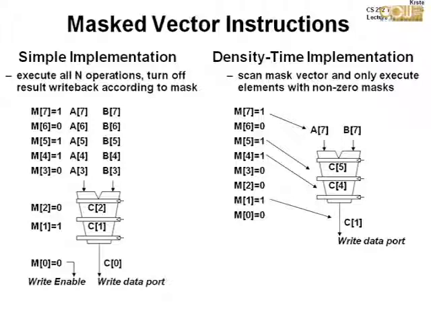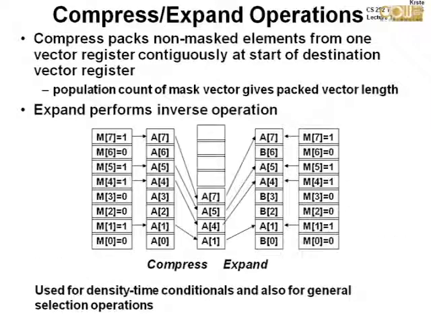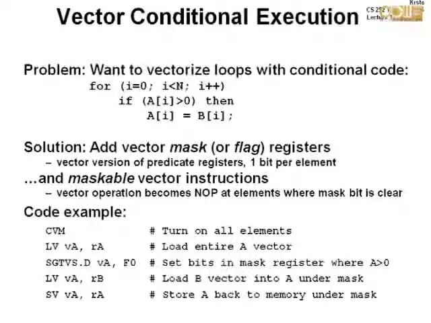Some are skipped, so we need to expand them back into C. Here we can see the compress and then expand and then put the result back. This is a load store example. This pictorial example corresponds to this example.